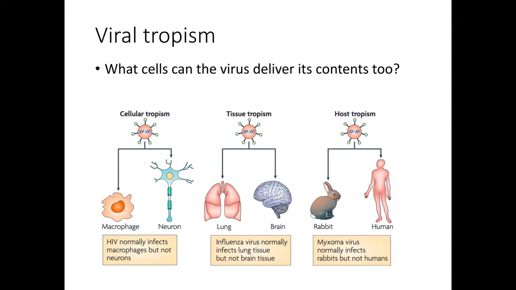So if you're going to do genetic therapy or gene therapy, I'm going to walk through all of the things that one must think about. So first off, the goal here is to use a virus to put genetic information into an individual.